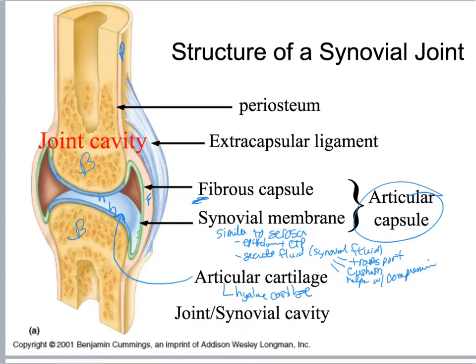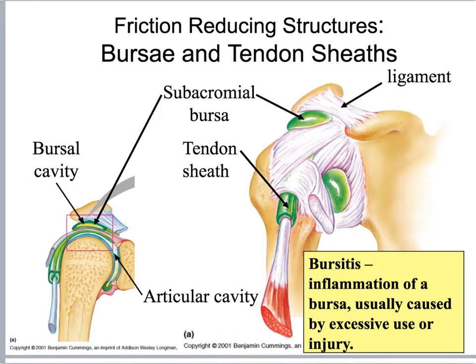And then surrounding all of that, you're going to have your extracapsular ligaments going around it, okay? And these ligaments, so extracapsular, so extra, not part of, outside of the articular capsule, okay? So it's outside of that, and it helps to stabilize this joint, okay? And then if you continue to layer things up, which we don't have on here, you would have a layer of muscle, which helps to further stabilize that joint. All right, let's move on.